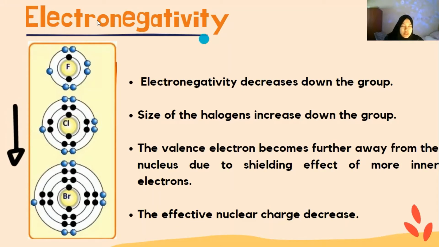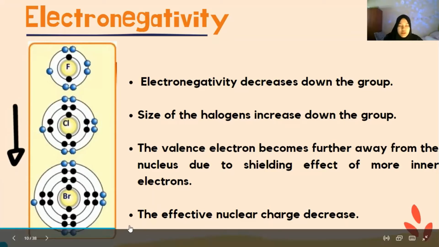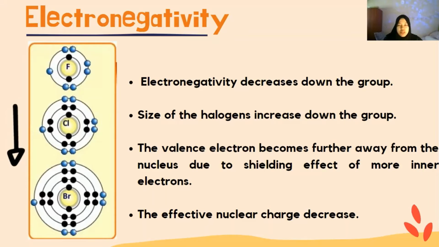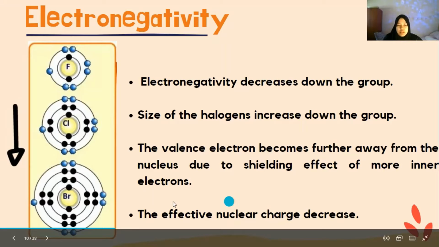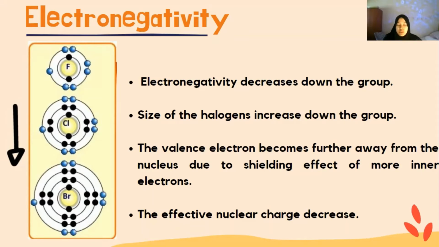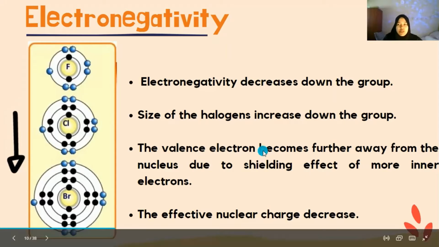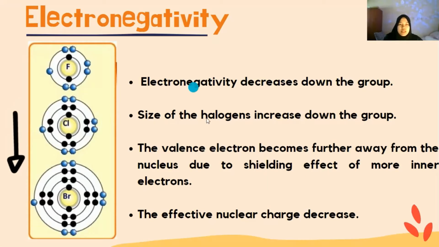As you can see in this figure, when the size of the atoms increases, the valence electron becomes further away from the nucleus, so the screening effect by the inner electrons increases. Therefore, the effective nuclear charge decreases. All of these reasons lead to the decrease in the electronegativity of group 17. In group 17, the most electronegative is fluorine and the least electronegative is astatine.